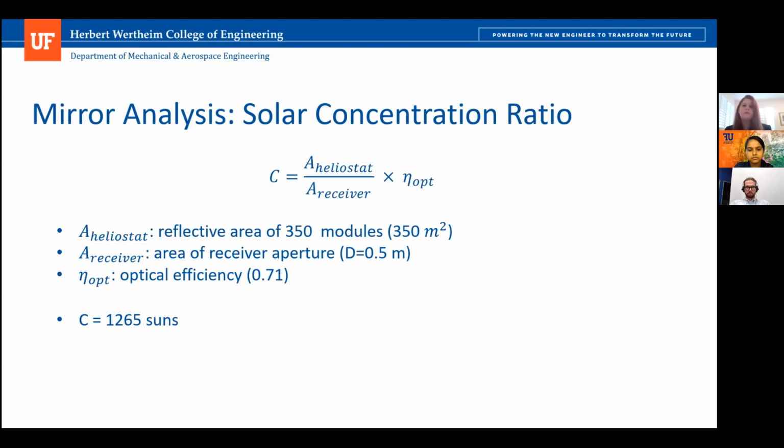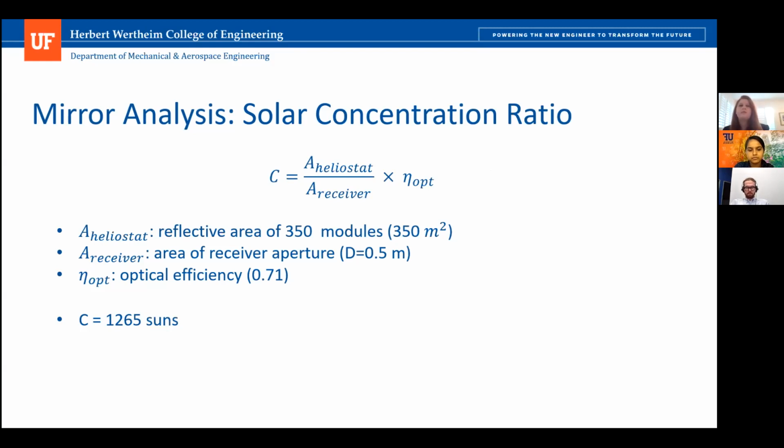Finally, we want to talk about the solar concentration ratio of our field, which is given as the ratio of the total reflective area to the area of the receiver, while also accounting for the optical efficiency of our layout. So the total reflective area for 350 modules is 350 meters squared, since there are 4 mirrors in one module, while the receiver aperture diameter is assumed to be 0.5 meters.